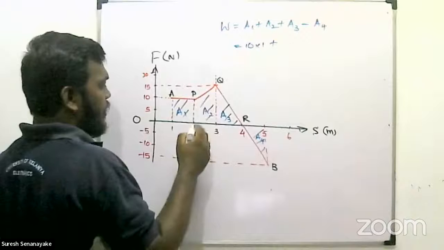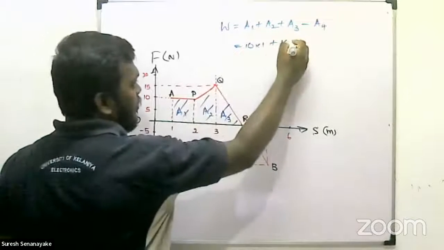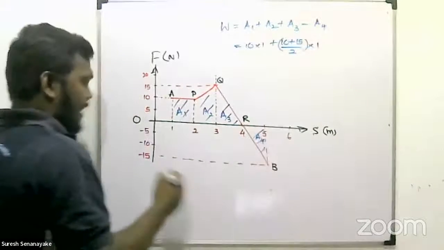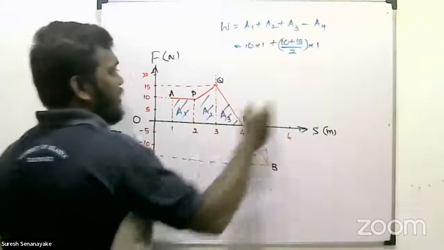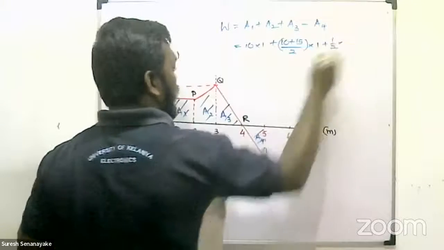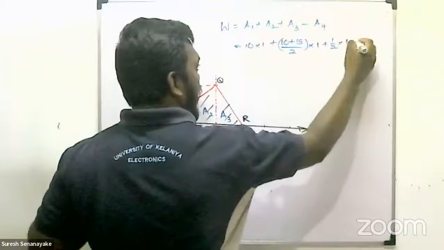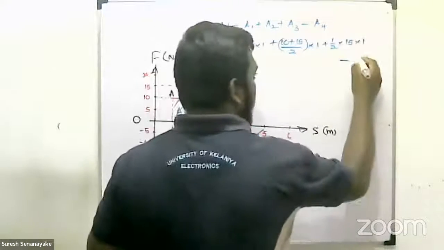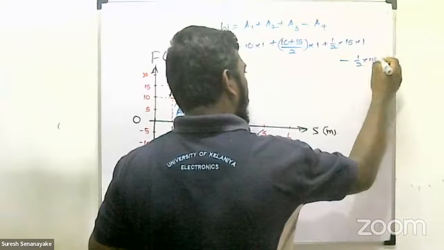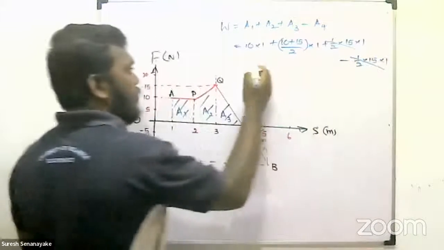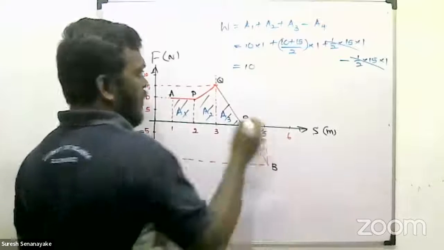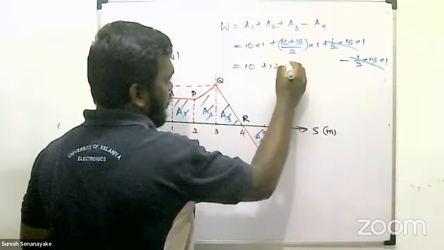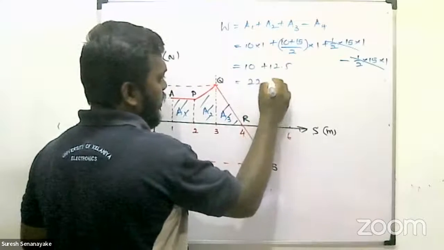And this is a trapezium, that is (10 plus 15) divided by 2 multiplied by 1 meter, and this is half into height 15 and so on, minus this, which is also half into 15 and 1, so these two will cancel. 10 plus 12.5, so it's 22.5.